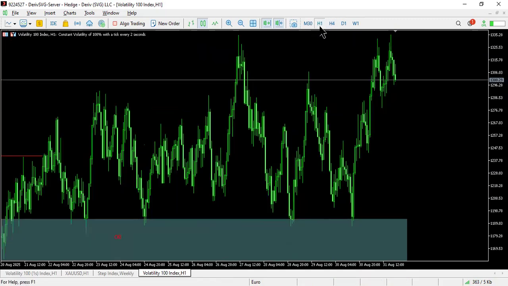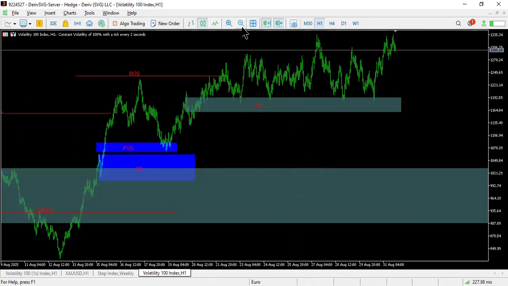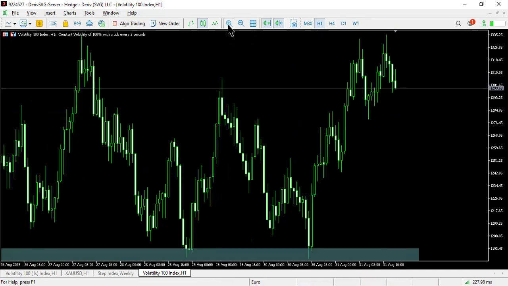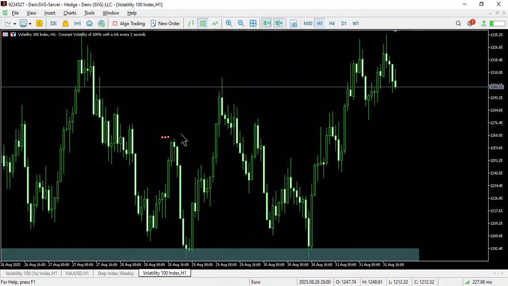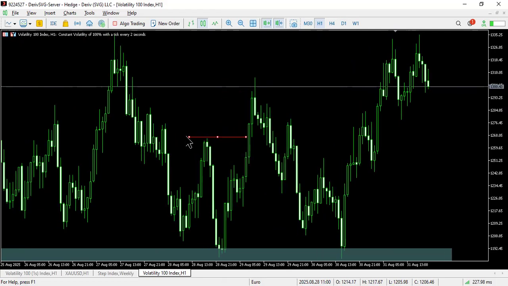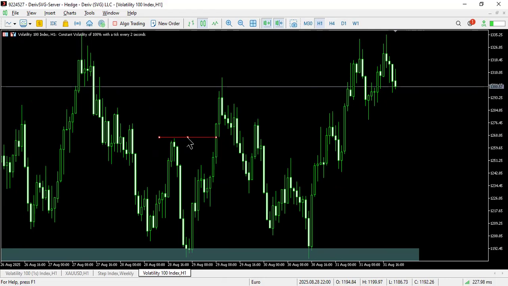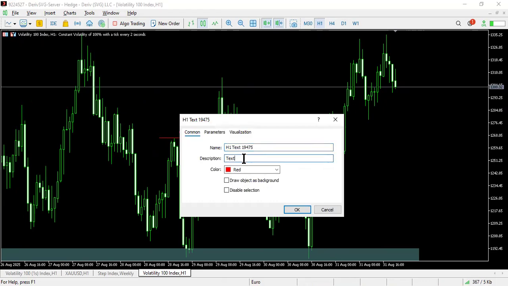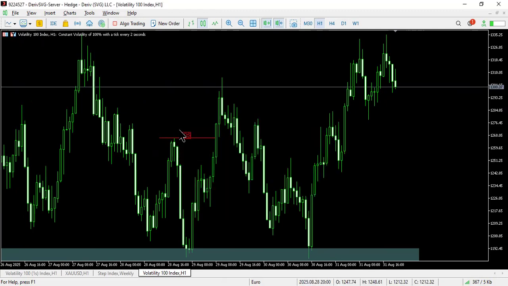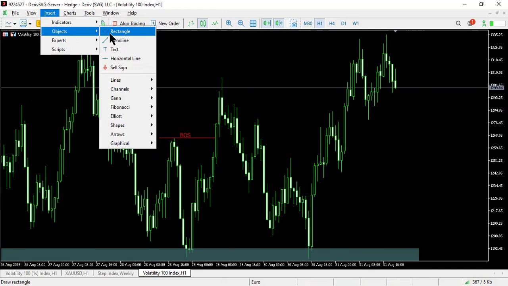And then if you go to the 1 hour, if we want to get the most recent structures, the recent price action, there was a break of structure here, and then our order block.